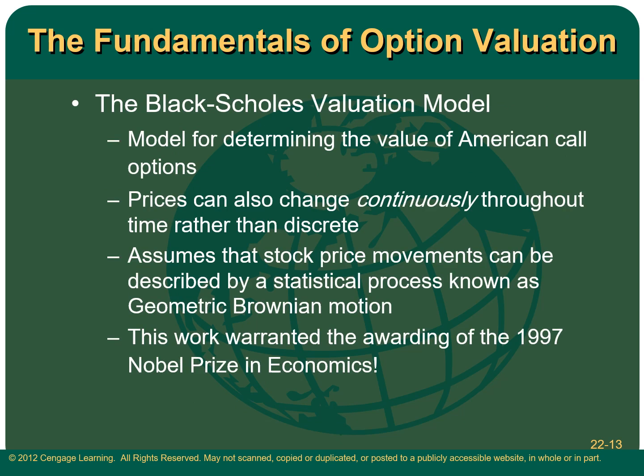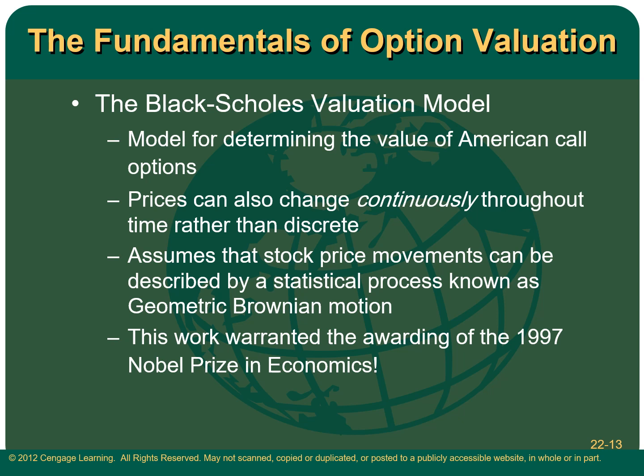The most important model is the Black-Scholes valuation model, a model for determining the value of a call option. Prices can also change continuously throughout time rather than discretely. Assume that stock price movement can be described by a statistical process known as geometric Brownian motion.